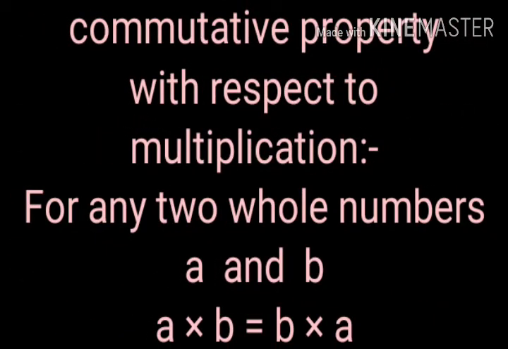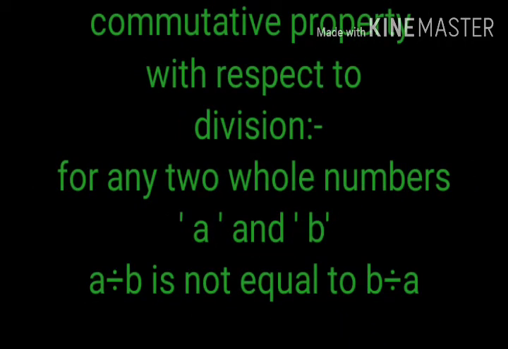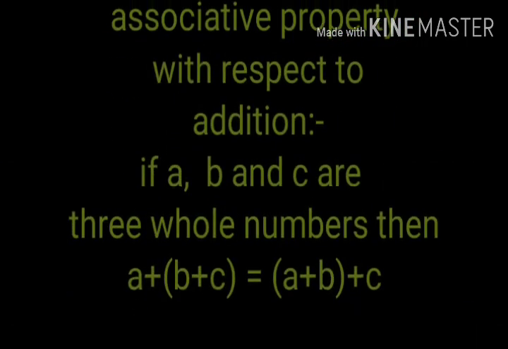Commutative property with respect to multiplication. For any two whole numbers a and b, a into b equals b into a. For example, 3 into 4 equals 12, and 4 into 3 is also 12. Commutative property with respect to division. For any two whole numbers a and b, a divided by b is not equal to b divided by a, because both answers are different.